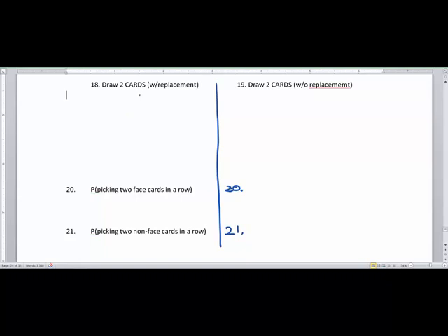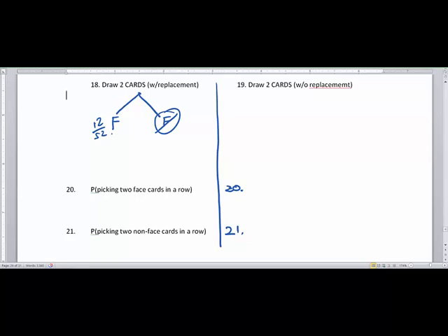So, drawing two cards with replacement. We're going to start off with you, and again, we're looking at either drawing a face card or a non-face card. So I'll just draw a line through the letter F, which stands for non-face. You also could use NF for not face. Now, there are 12 out of 52 cards that are face cards. There are 4 jacks, 4 kings, and 4 queens.